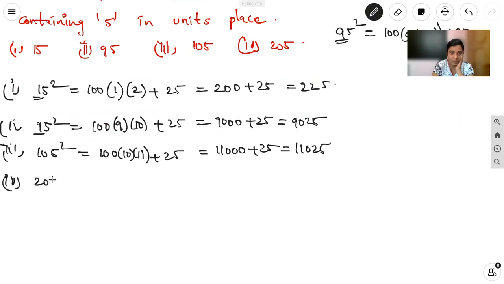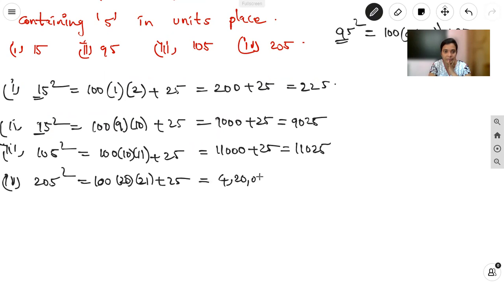Fourth one, 205 square: 100 into 20, next number 21, plus 25. 20 21s are 420, so 42,000, not 4 lakh. 3 zeros will come, and 2 21s are 42. 42,000 plus 25 is 42,025.